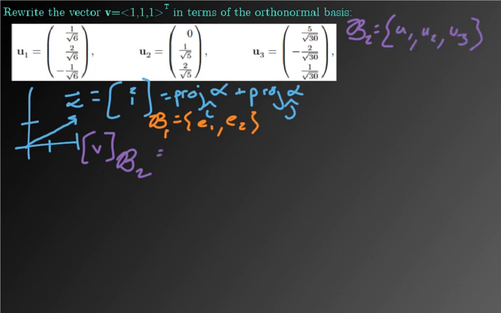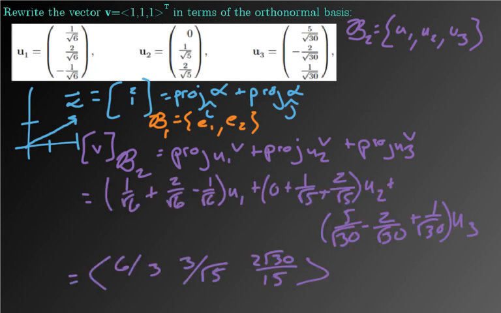And it's just going to equal the projection of V onto U1 plus the projection of V onto U2 plus the projection of V onto U3. And if you do all that out, just a lot of computation, honestly, you would get this. So yeah, you just crank through all those projections.